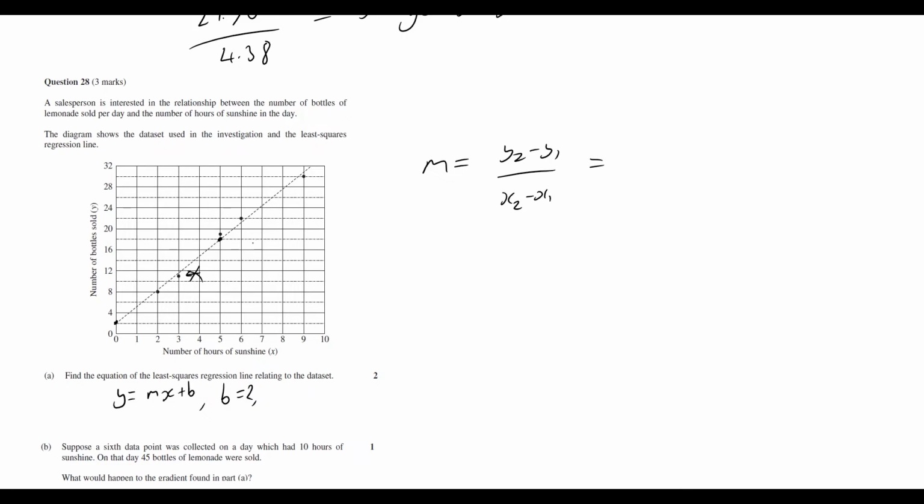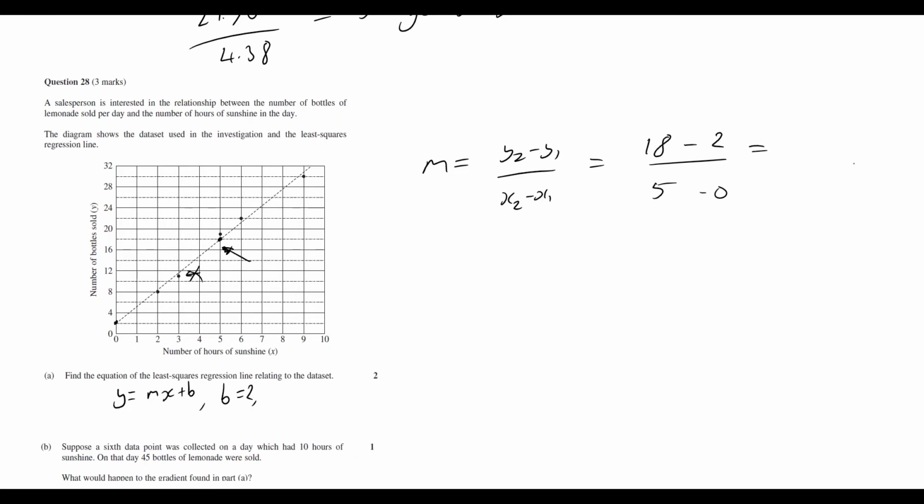Okay, so y2, let's say that this point over here is our second coordinate, so the y value of that is 18, and y1 has a y coordinate value of 2. And then x2 is 5, and x1 is simply 0.